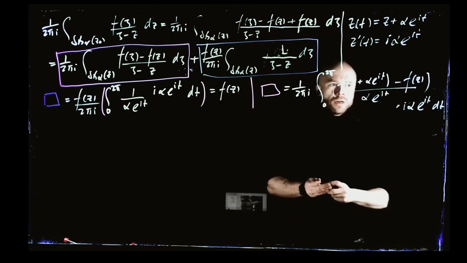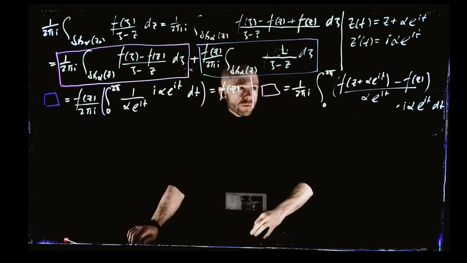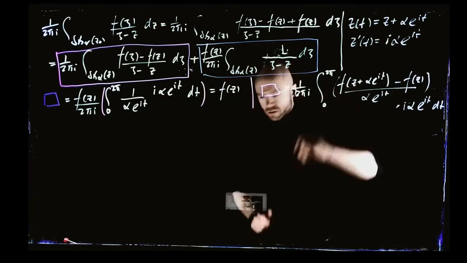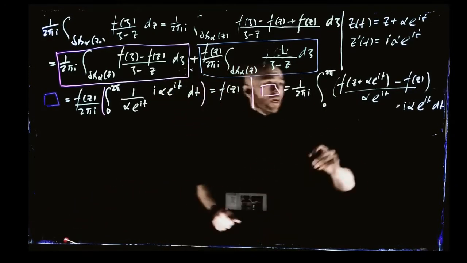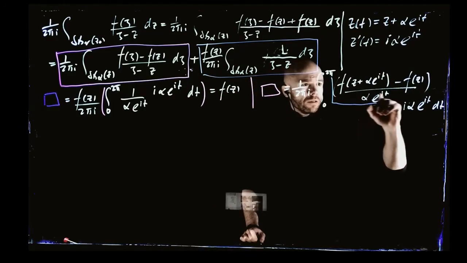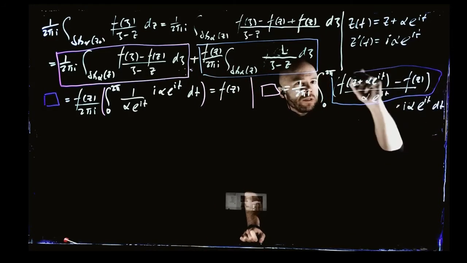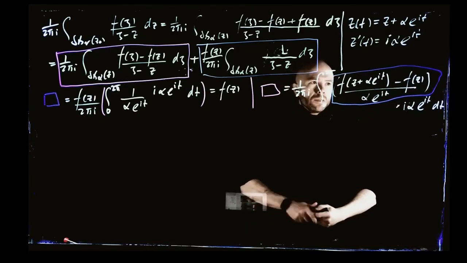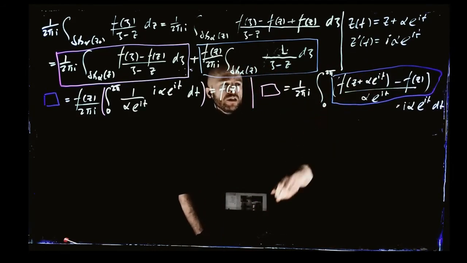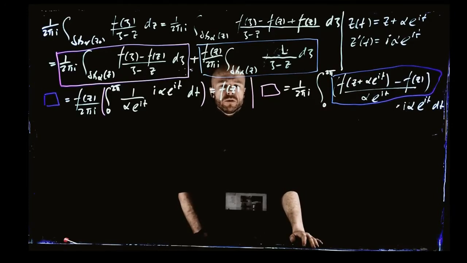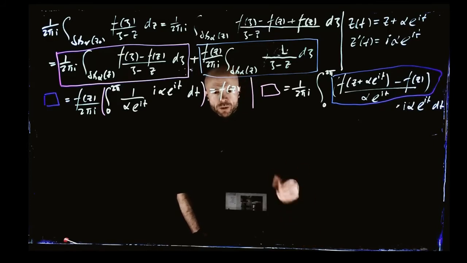Cool. All right, so tell me about this thing here. As alpha gets very, very small, what is this thing tending towards? Just the derivative, right? Because it's a differentiable function.